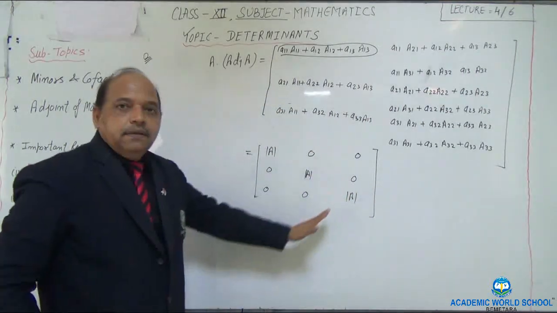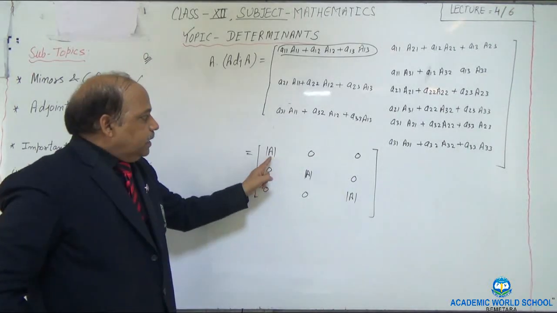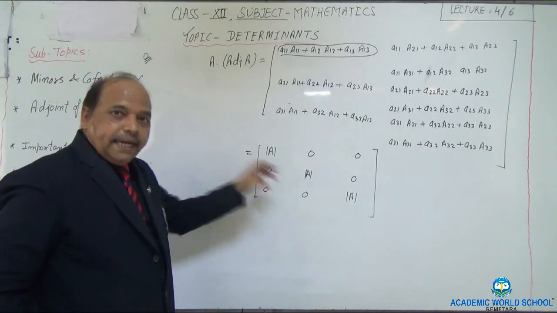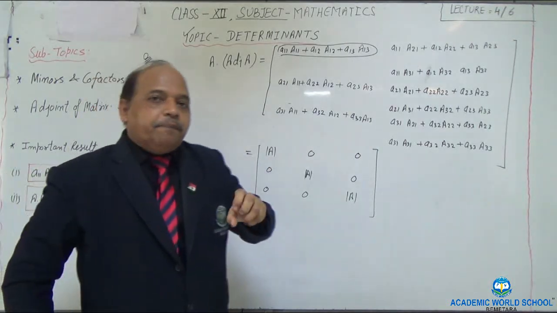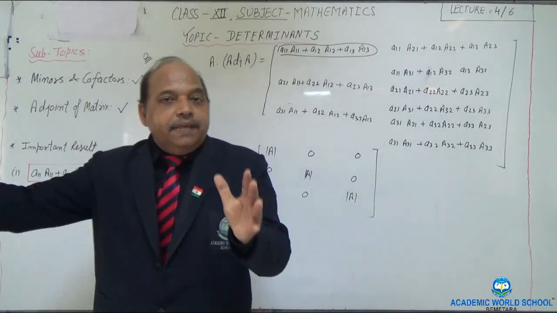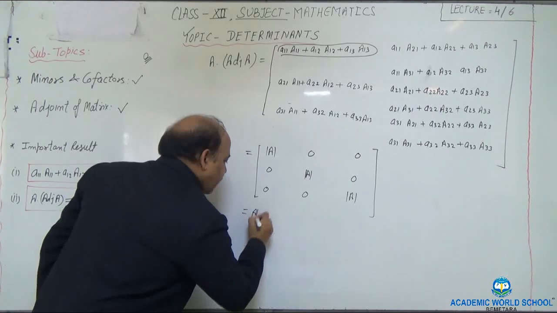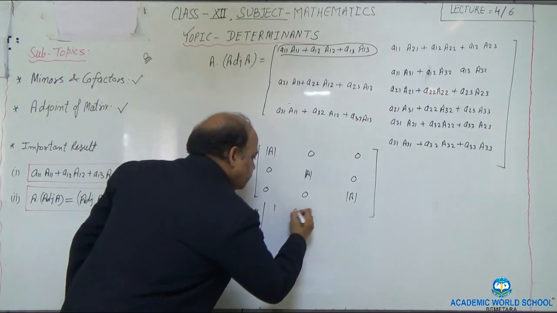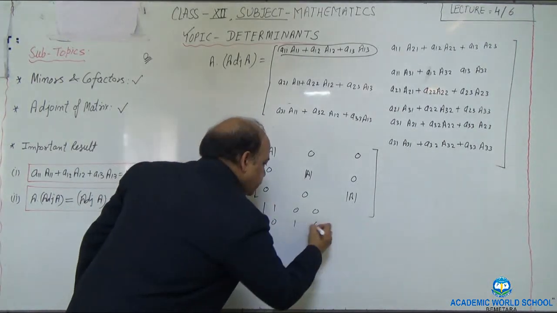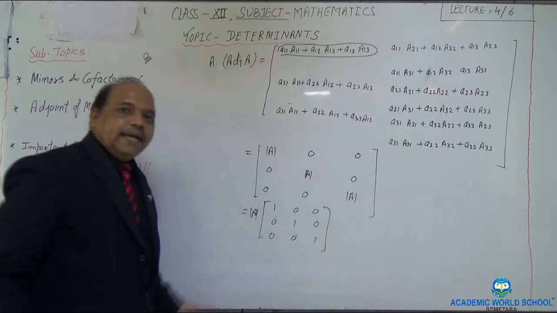Now this is a matrix of order 3 cross 3. Can you see? Determinant A is a value, I can take it common. When we multiply any matrix by any number, all elements get multiplied. Similarly, if you have to take common, that element is taken outside. So if I take it outside, what is left inside? 1, 0, 0; 0, 1, 0; 0, 0, 1, and what is this? This is nothing but the identity matrix.